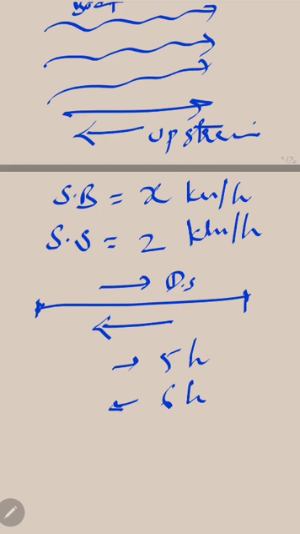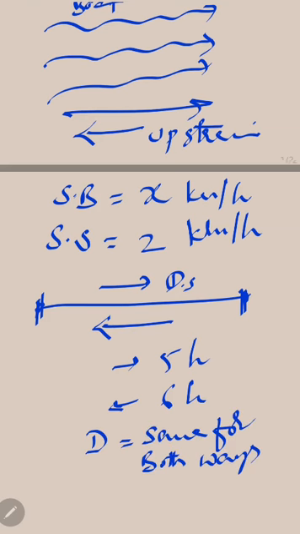But here one thing we have to observe: the distance is the same for both, because it is only this distance. From here to here or here to here, the distance is the same, there is no difference.